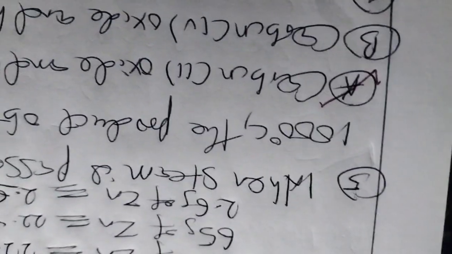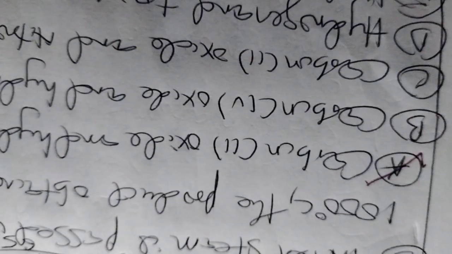Going to number 5. When steam is passed over white hot coke at 1000 degrees Celsius, the product obtained is option A, carbon(II) oxide and hydrogen, option B, carbon(IV) oxide and hydrogen, option C, carbon(II) oxide and nitrogen, option D, hydrogen and trioxocarbonate(IV), option E, hydrogen, oxygen, and carbon(IV) oxide.